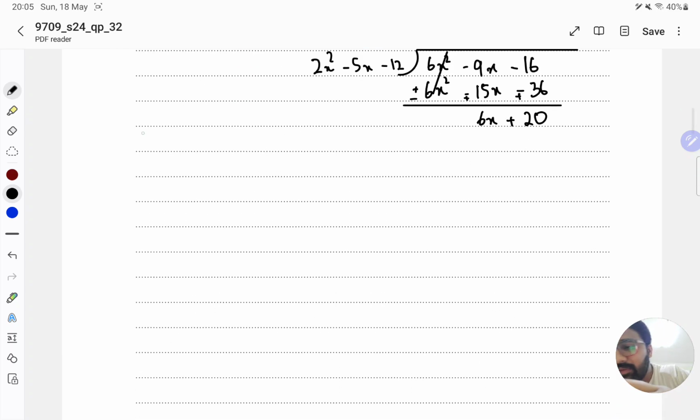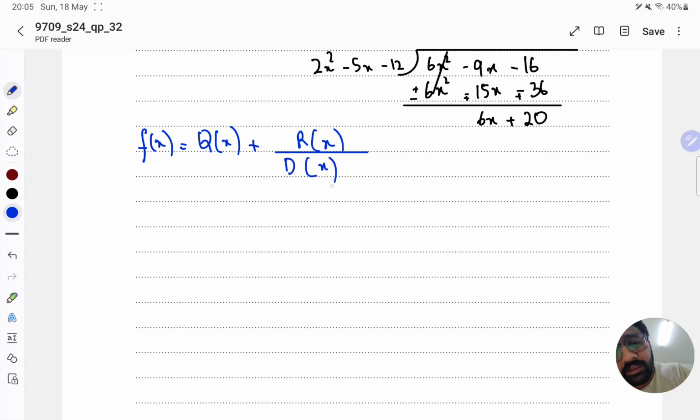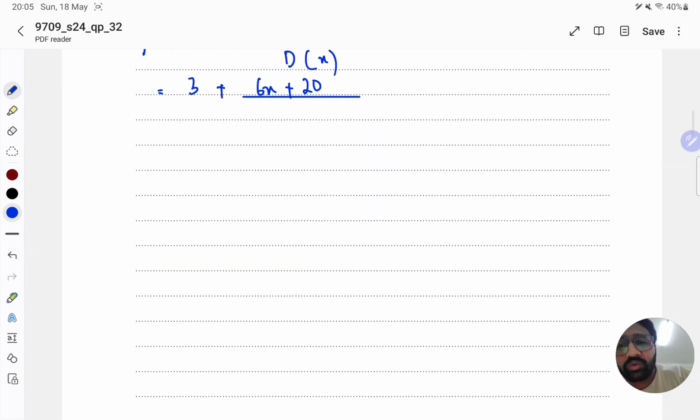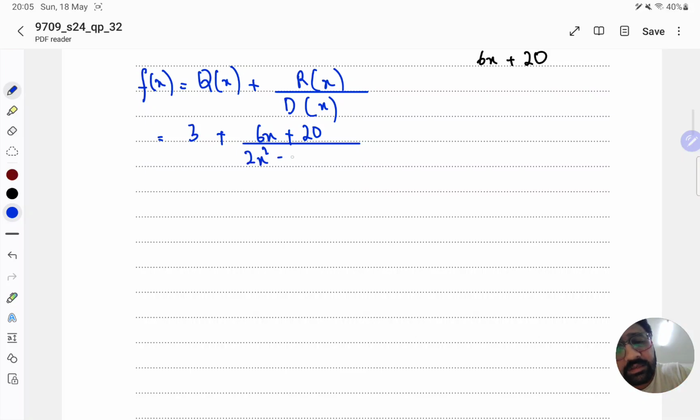Now I'll convert this function f of x. I'll write it as quotient plus remainder divided by d of x. The quotient is 3, and the remainder is 6x plus 20 divided by 2x square minus 5x minus 12.